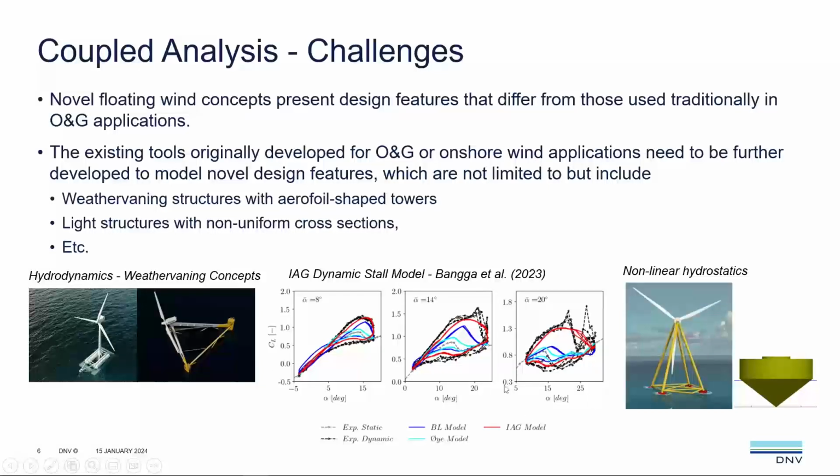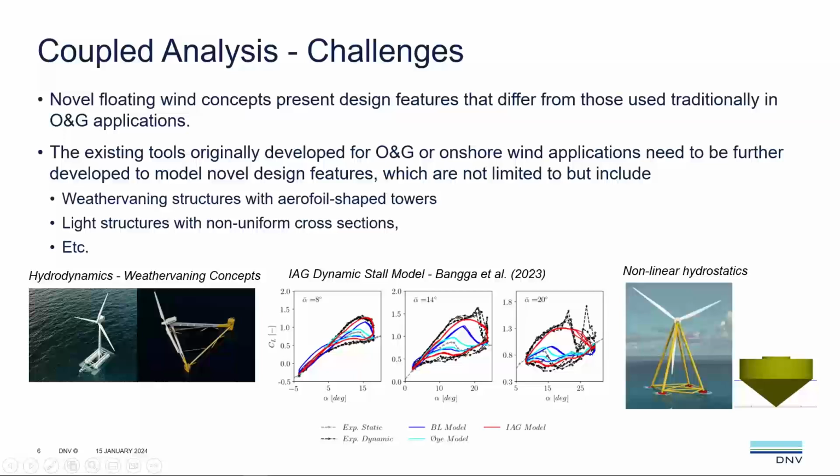And here in the middle of the slide, you have an example showing the lift coefficient variation on the y-axis as a function of the angle of attack. These are hysteresis loops for different mean pitch angles.